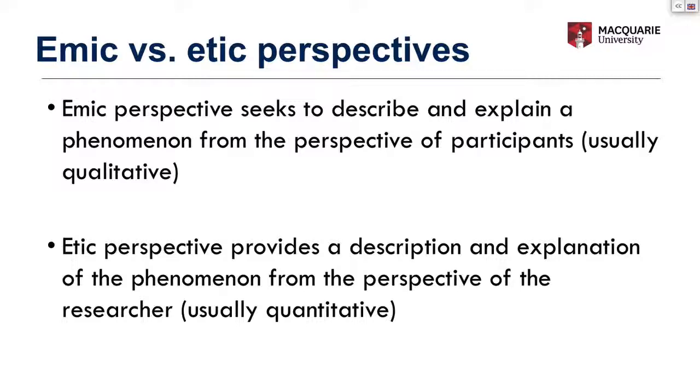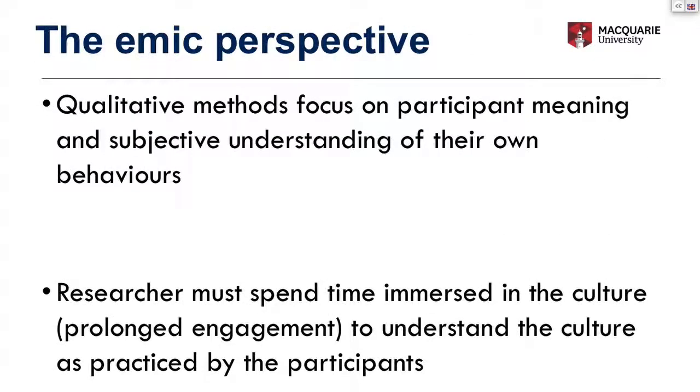Whereas in qualitative research, researchers are open to participants' views and perspectives, and therefore they use an emic perspective in order to understand and explain the phenomenon. The emic perspective focuses on participants' meaning and subjective understanding of their behaviors, because it is believed that any reality is subjectively constructed, and therefore, as researchers, we need to find that subjective construction of the reality.